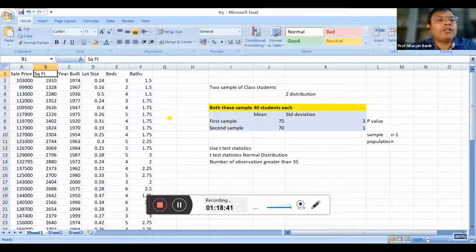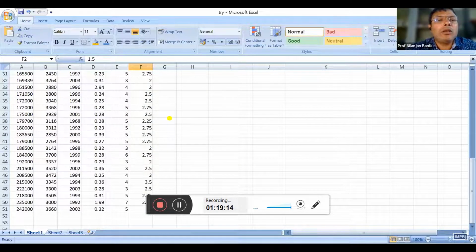The sale price is a function of various things like the square feet area, lot size, which is basically how much extra space you have for gardening and things like that, the year the house was built, the number of bedrooms, and the number of bathrooms. The reason you see 1.5 or 1.75 is that they give 0.5 point if you have a small shower, or a big shower, and so on. That's how these numbers are coming.